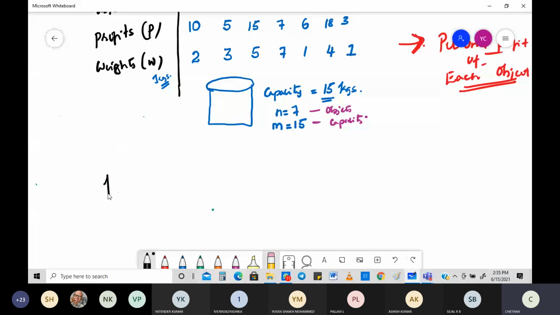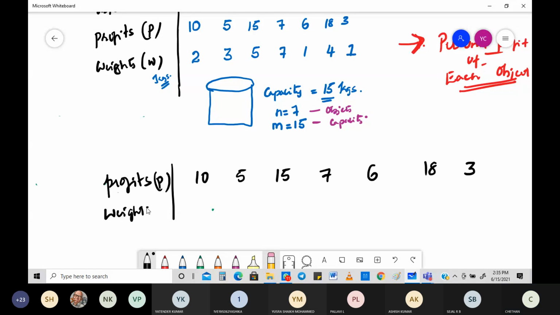So there are profits: 10, 5, 15, 7, 6, 18, 3. All these things are given to me. Weights are also given to me: 2, 3, 5, 7, 1, 4, 1.